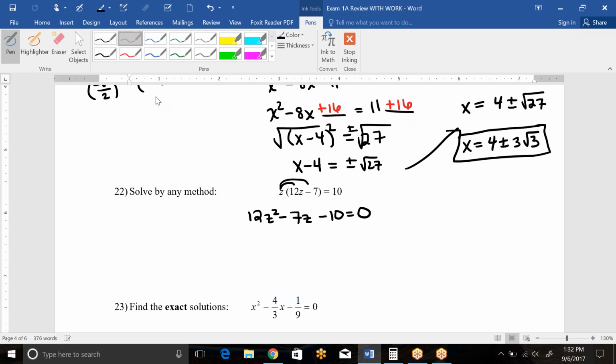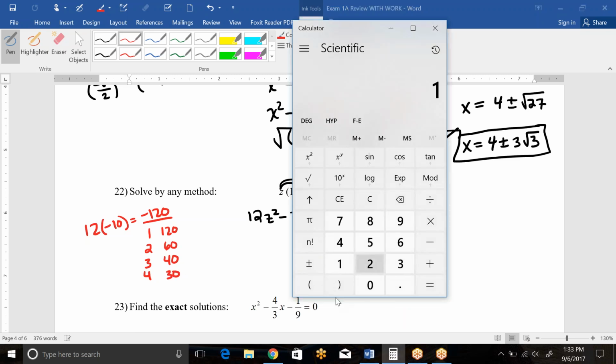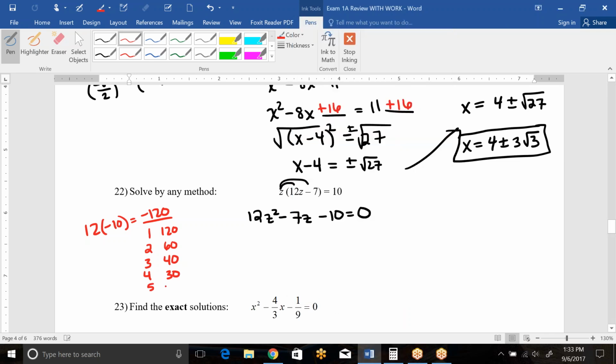I could try to factor this. Since it's an AC method problem, since the number out front is not a 1, I'm going to do 12 times negative 10, which is negative 120. Factors are 1 and 120, 2 and 60, 3 and 40, 4 and 30, 5 and 24, 6 and 20.